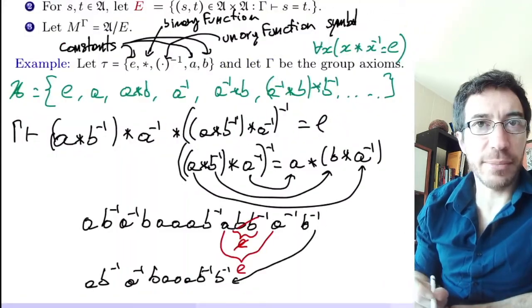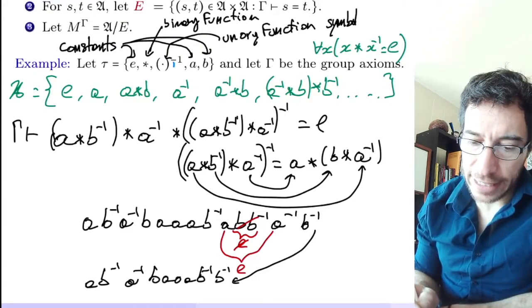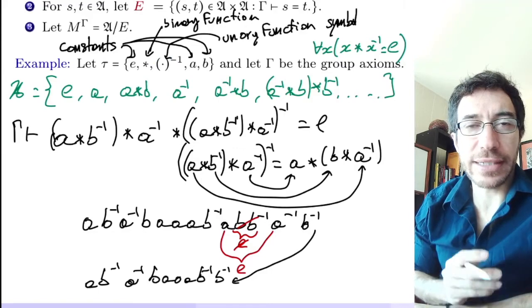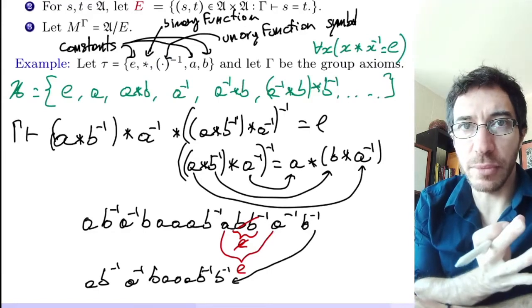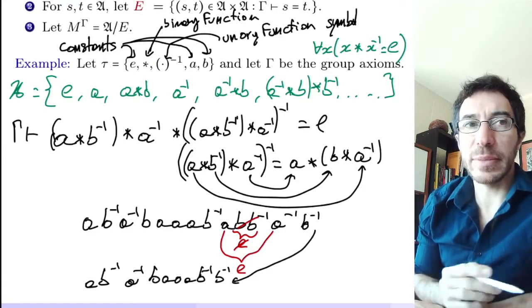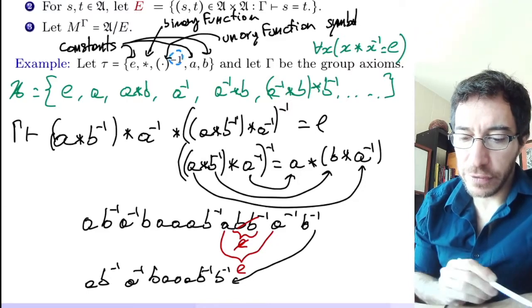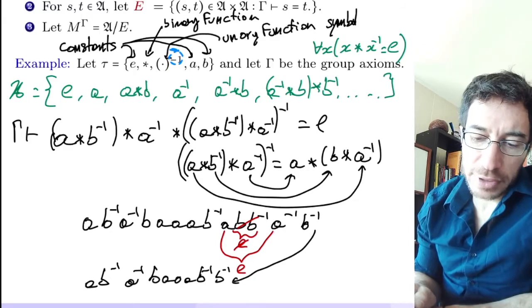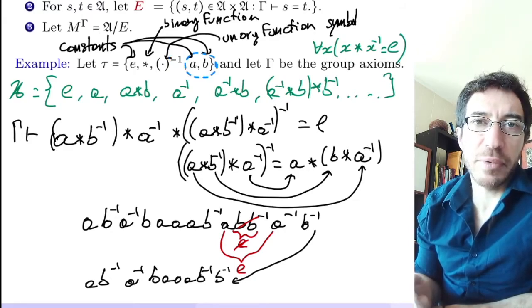Then we saw another example where we added the inverse function as a function symbol. So now we can build terms that involve the inverse function. In this particular example, we had two letters, A and B. We could have had one.